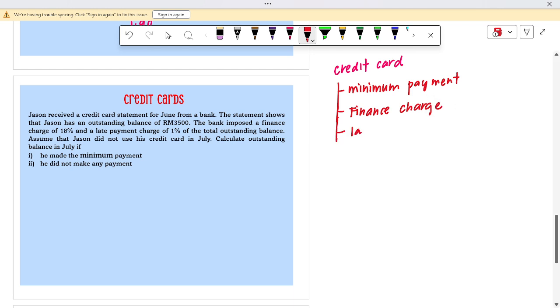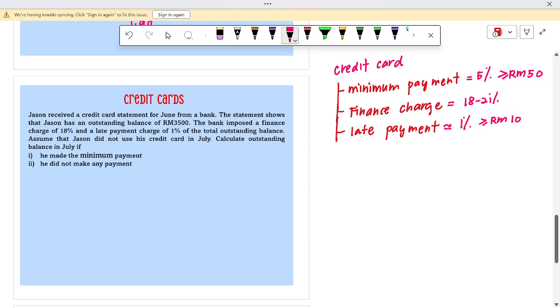And there's also late payment charges. Okay, so what is minimum payment? Minimum payment is always 5% or minimum 50 ringgit. Finance charge is different according to the bank. It's usually 18 to 21% depending on the banks. Late payment is usually 1% or minimum 10 ringgit.